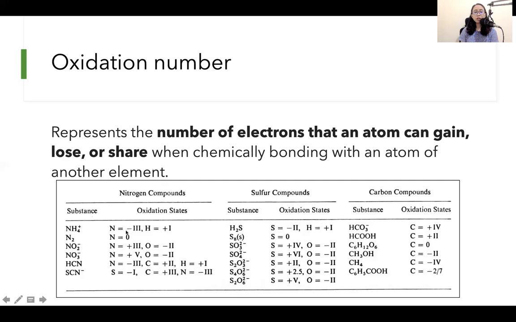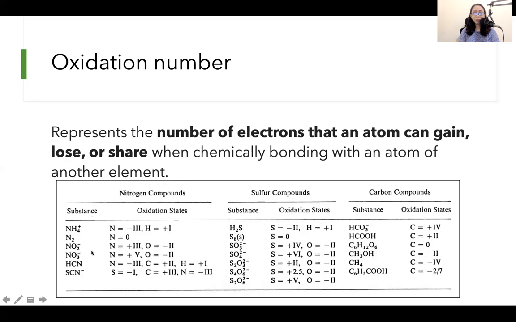So just take a quick look at the possible oxidation states of our elements. Notice that each element has more than one possible oxidation number. And its oxidation number depends on the identity of the second element to which it is bonded.